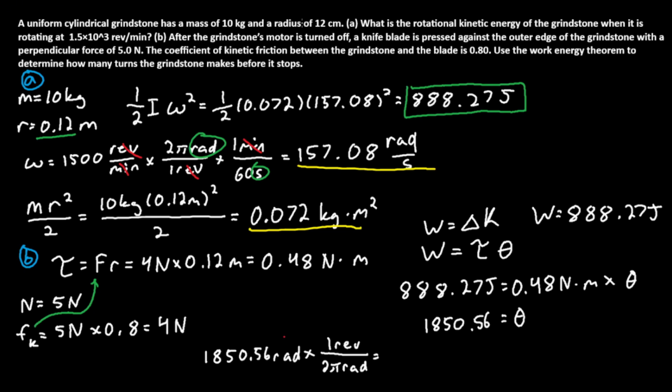And in doing this unit conversion, you cancel out the radians unit, and you just leave off the revolutions unit. So what we need to do here is divide 1850.56 by 2 pi. And once you do that, you should get a total of 294.53 revolutions.